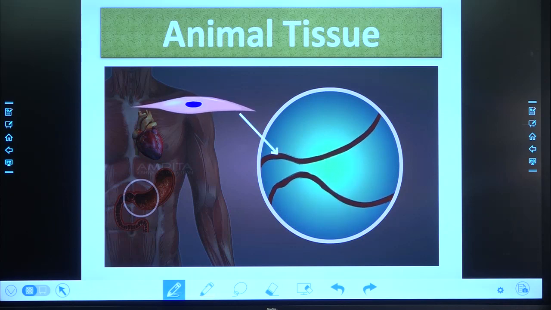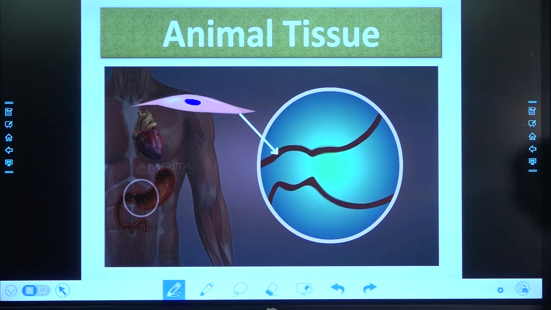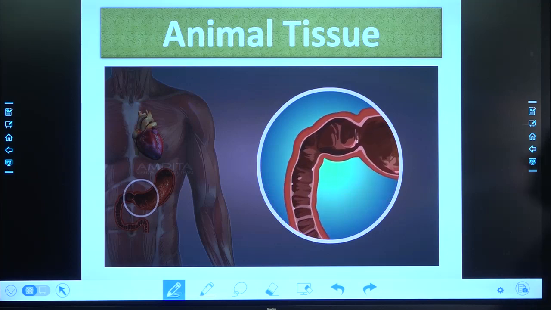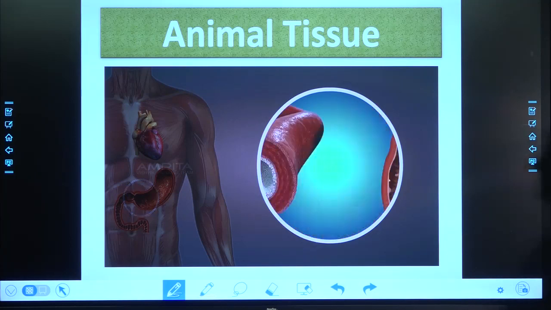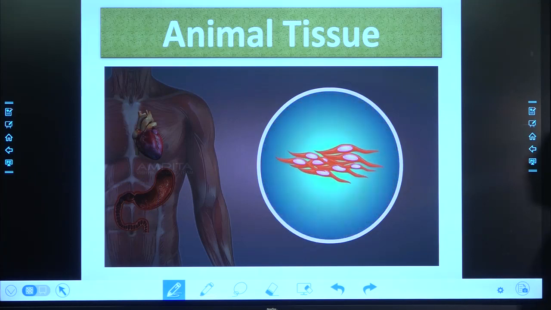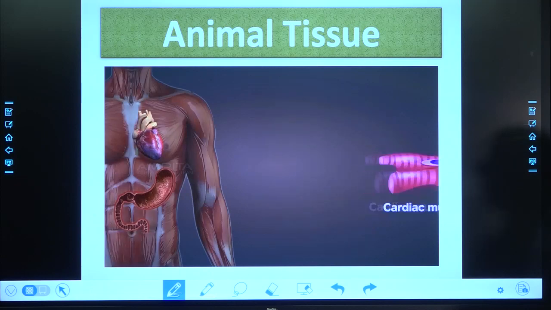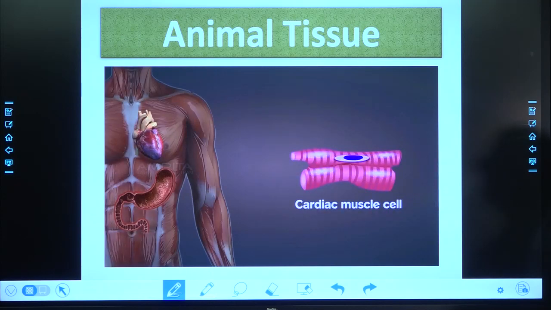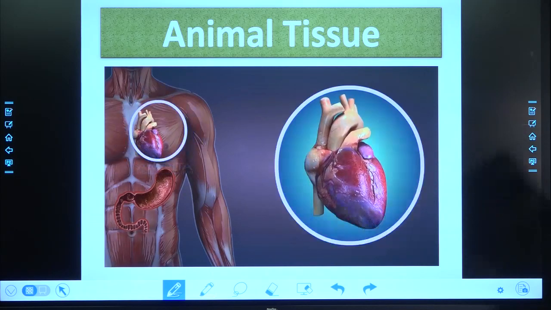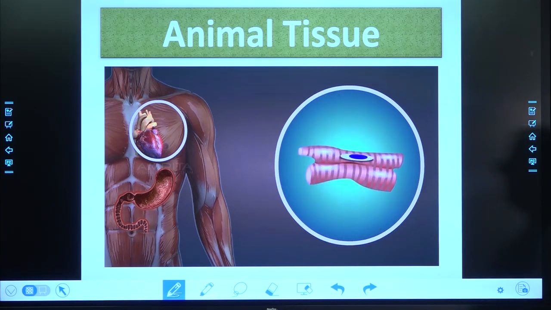They line the walls of the hollow structures of the body. Smooth muscle cells are found in the intestines and blood vessels. They are spindle-shaped, flat, pointed at both the ends and broad at the middle. The cardiac or heart muscles are involuntary muscle cells that contract and relax throughout life. They are cylindrical, branched and uninucleated.